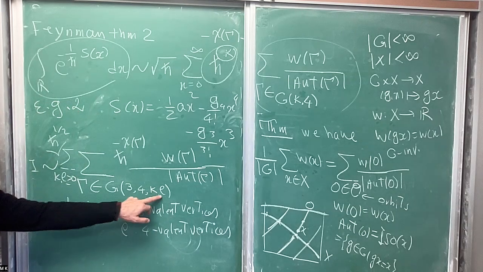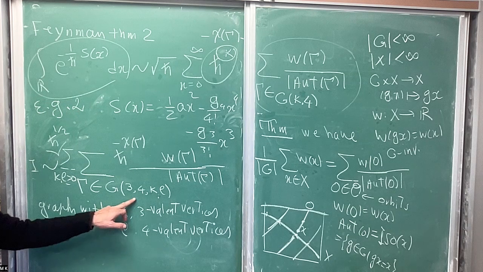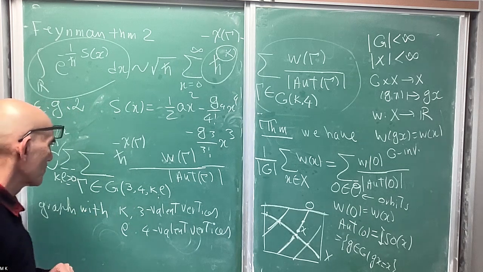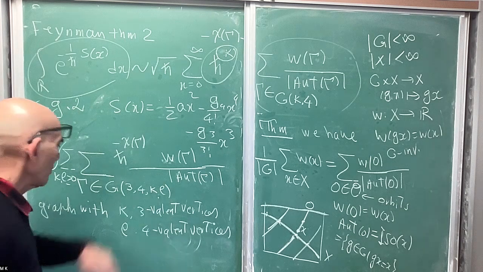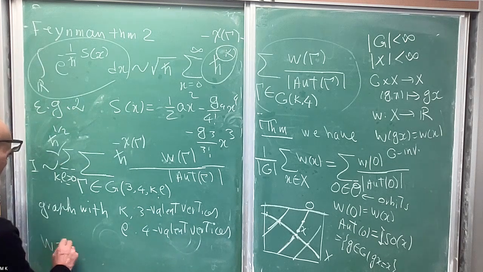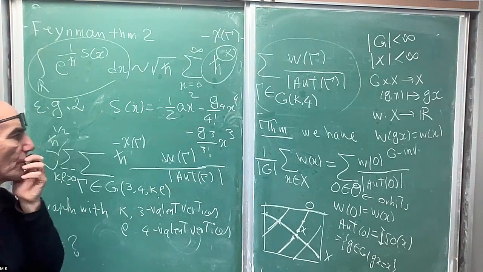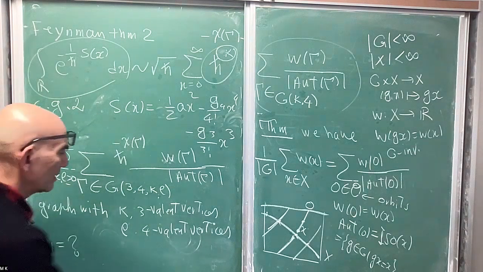For each K and L fixed, this set is of course a finite set. And what is W? W is defined in a very similar way.